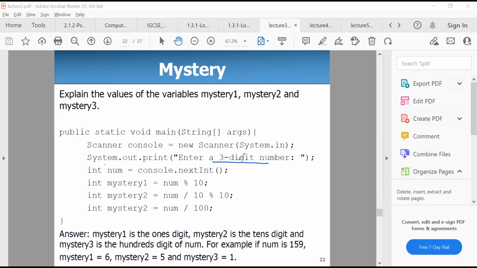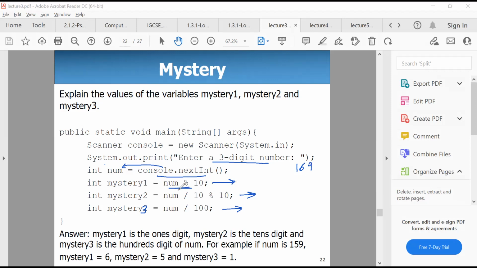It will accept from you an integer value, and it will store it into num, and then it will say num modulus 10 equal, and then store it into mystery 1, mystery 2, mystery, here is wrong, it is to be mystery 3. Now my question to you, what could be the output here, here, and here? So assume that this number here is 169.